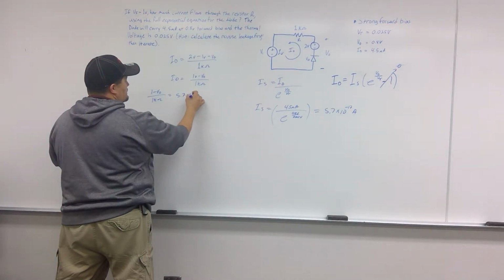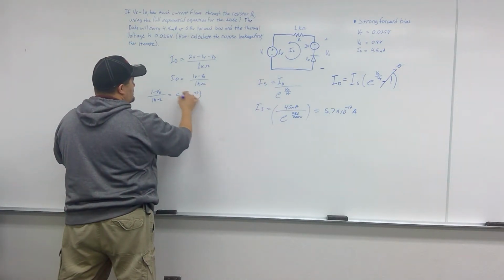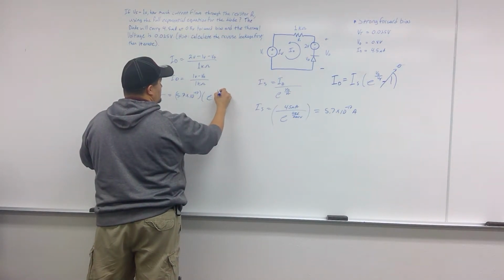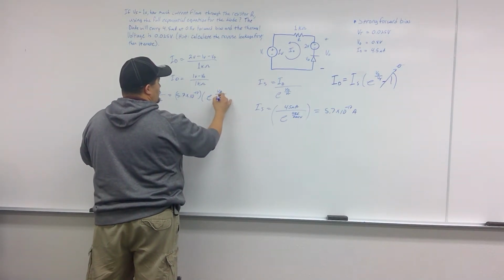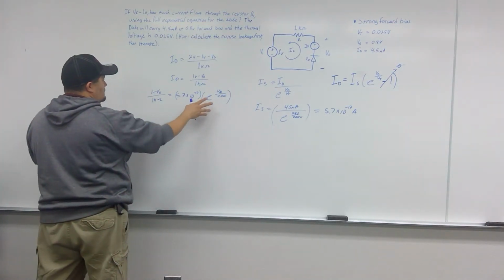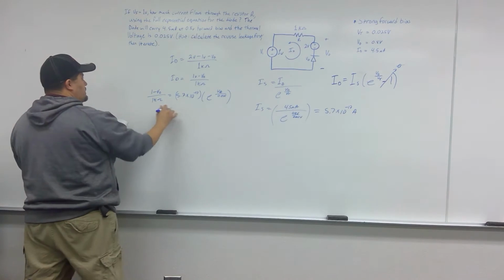5.7 times 10 to the negative 17 times e to the VD over 0.025 volts. So we divide over, because we want to isolate the VD.